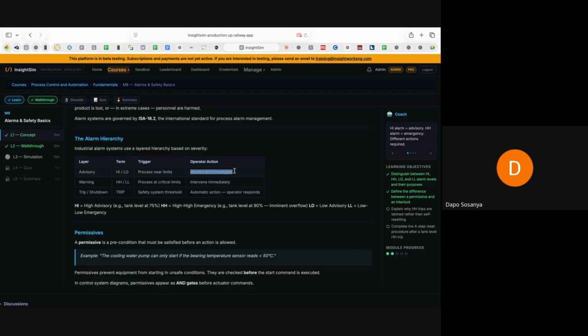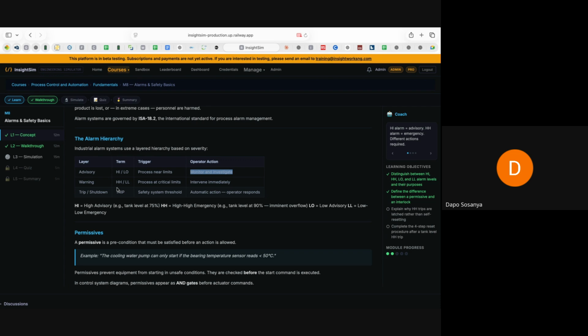Once it gets to that limit, you check it, and everything is still okay. But for the warning, you have HH and LL, that is high-high or low-low. That is to say, the process is at critical limits. Intervene immediately. Like the example I gave, at 70% it's a high alarm.